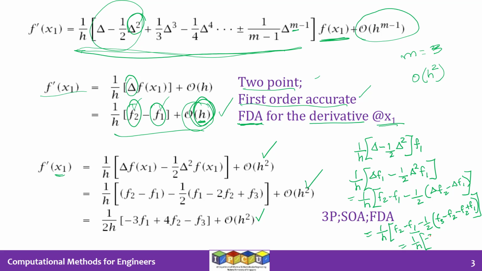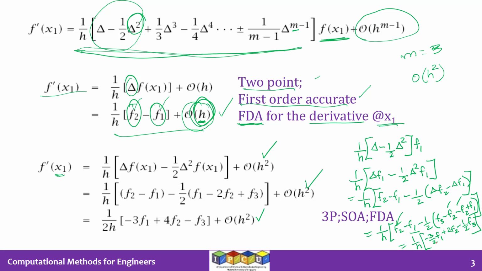So it's going to be minus 3 by 2 f1. Then for f2, it is going to be f2 plus half f2 plus half f2. So it's going to be plus 2 f2. So 2 f2 minus half f3.